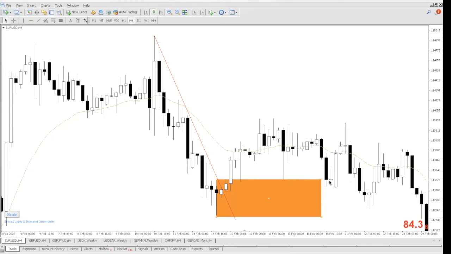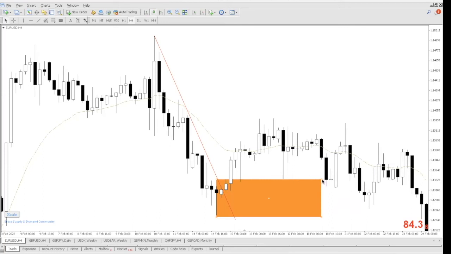And then the third time, most of the time, there's a high chance that it will break that area. So the first one and the second one are the most profitable entry points that you can find, right?